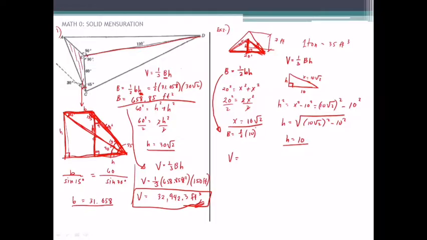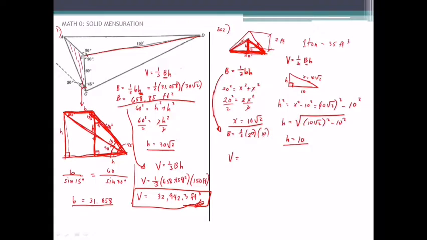Our base is 20, sorry. By looking at this whole figure, this is our actual triangular base, this one. So our base is 20, then our height H is this one, 10.